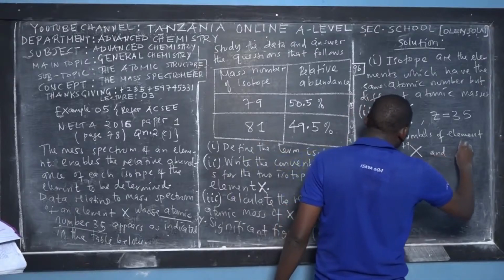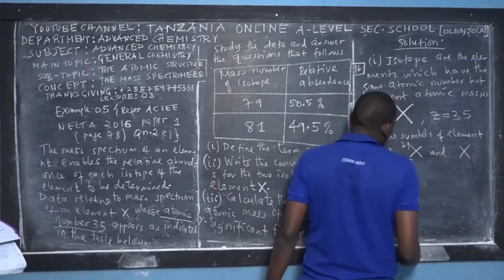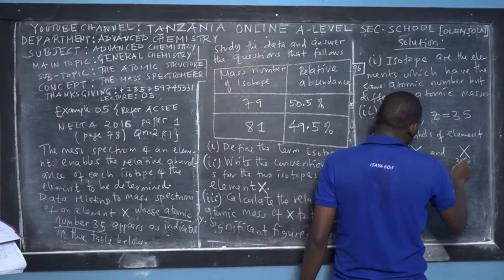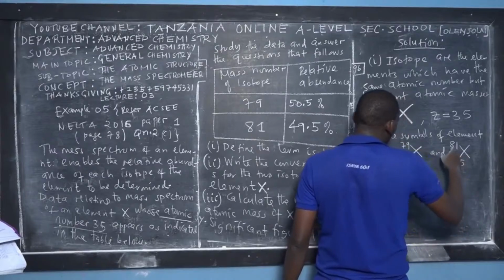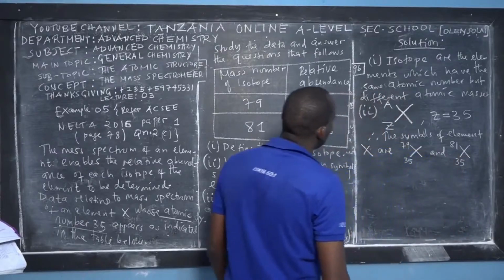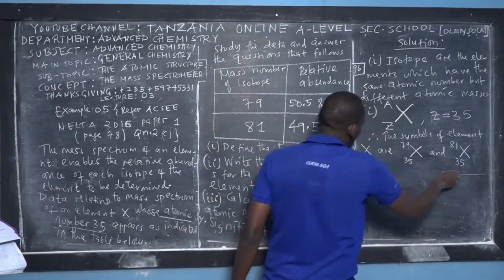Also, we have another conventional symbol with atomic number of 35 and atomic mass of 81. So this is the response for that question.